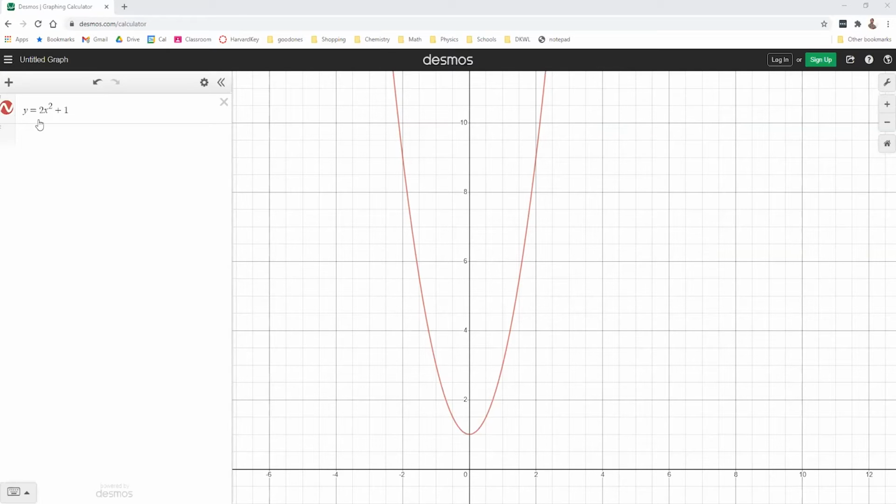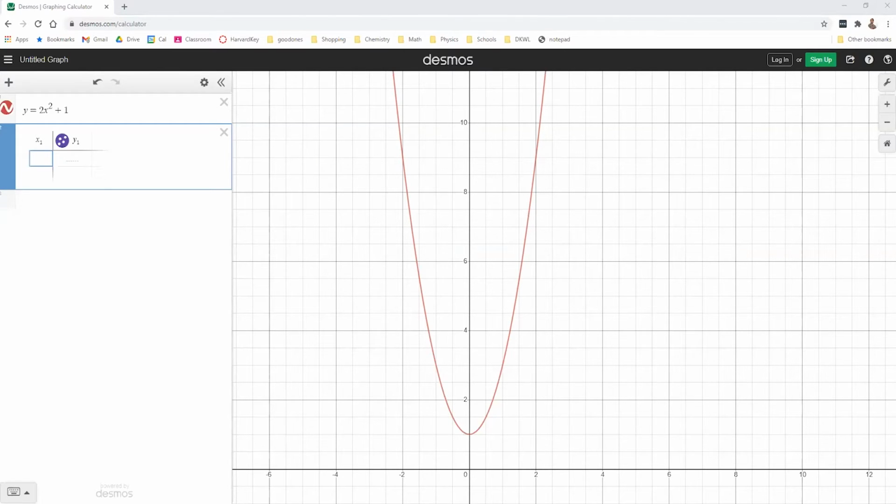Now here's the thing, if I were to draw that over here, I will create a table for this. The usual table is that we create values of x. So x is 1, 2, and 3.